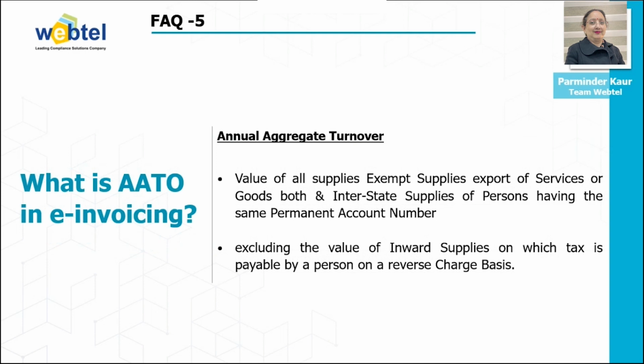AATO means the aggregate value of all supplies, excluding the value of inward supplies on which tax is payable by the person on a RCM basis, exempt supplies, export of services or goods or both, and interstate supplies of the person having the same permanent account number, to be computed on an all India basis, but excludes Union Territory tax, state tax, integrated tax, central tax and cess.